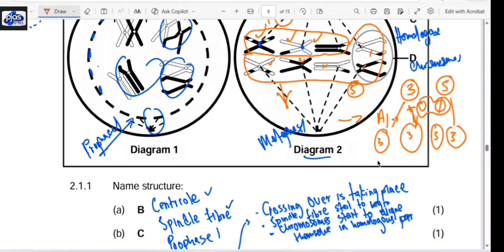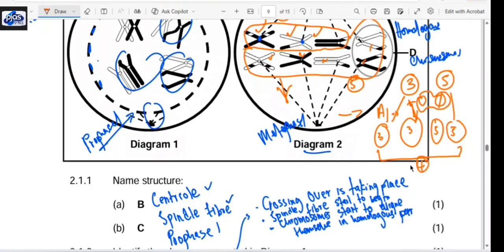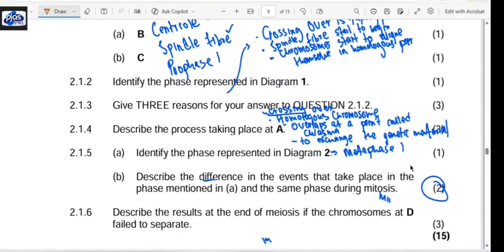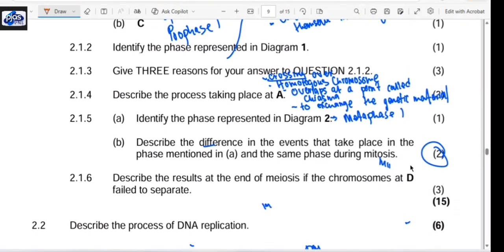So it tells me that how many daughter cells am I having? 4. So that is whereby at the end of meiotic division, I'm going to have 4 daughter cells. So that is why I'm going to say 4 daughter cells will be produced.